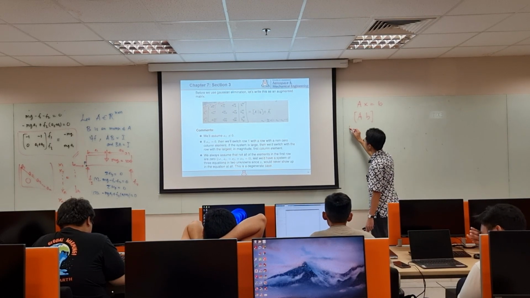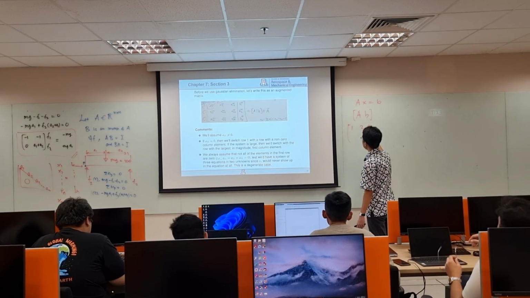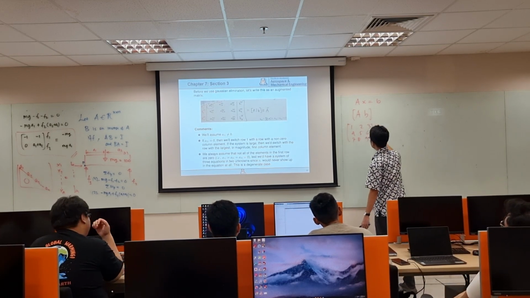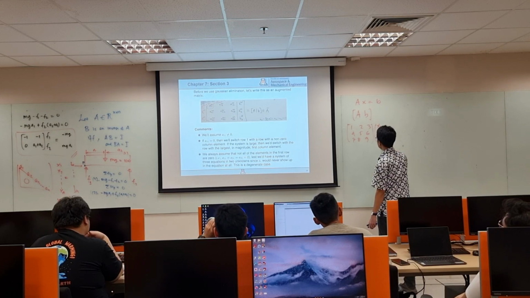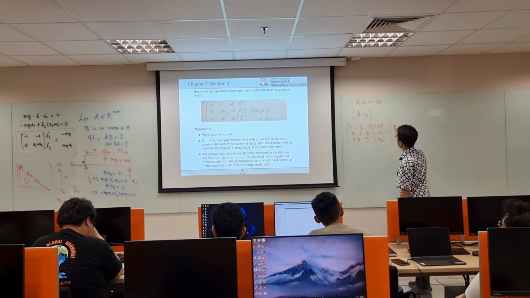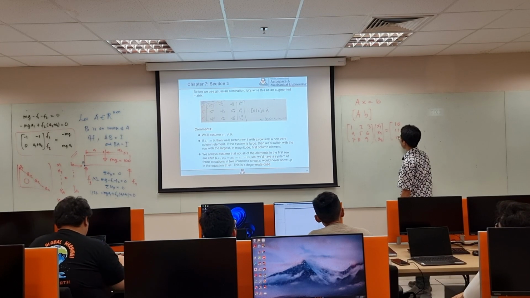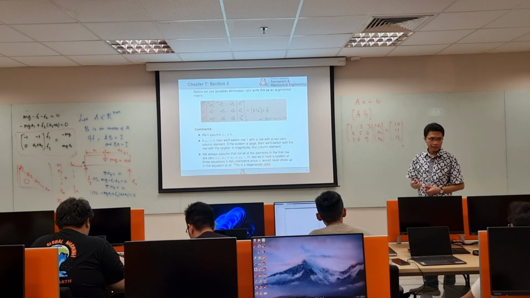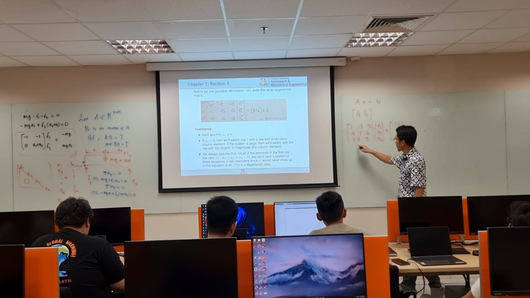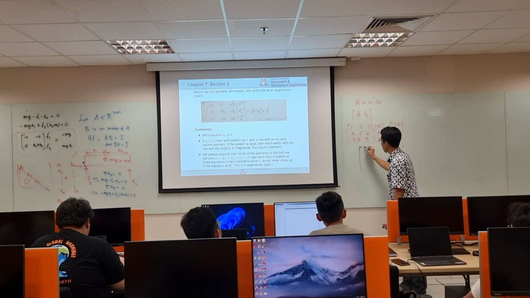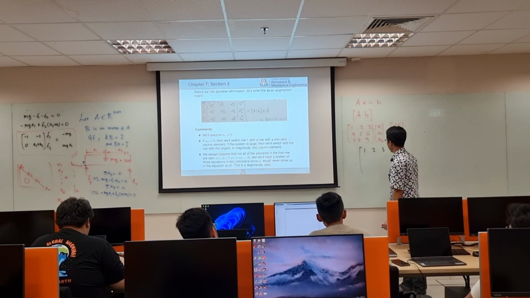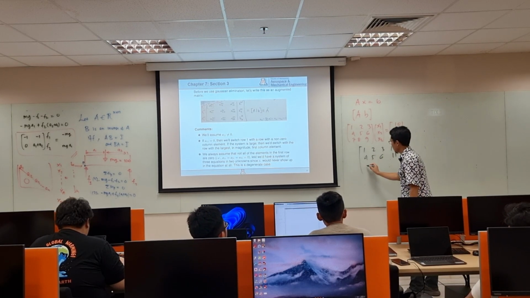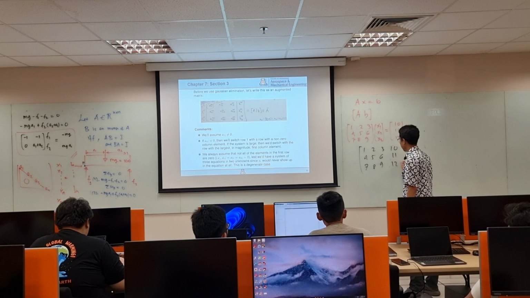For example, A is 1, 2, 3, 4, 5, 6, 7, 8, 9, multiplied by x1, x2, x3, equal to, let's say, 10, 11, 12. Easy numbers. So before the row operation, you augment this matrix into 1, 2, 3, 10; 4, 5, 6, 11; 7, 8, 9, 12.